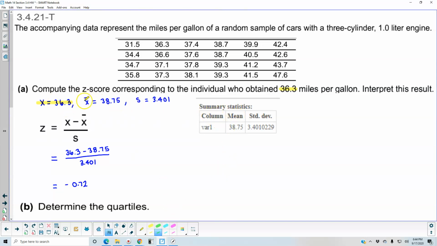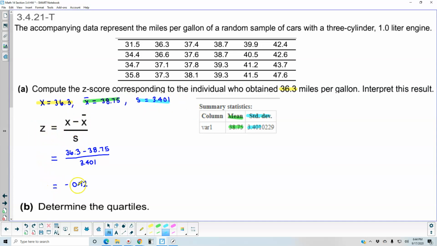Keep in mind that x-bar represents our sample mean, and that is 38.75. And then the sample standard deviation, rounded to 3 decimal places, is 3.401. Now that we have this information, we can plug it into our z-score formula.